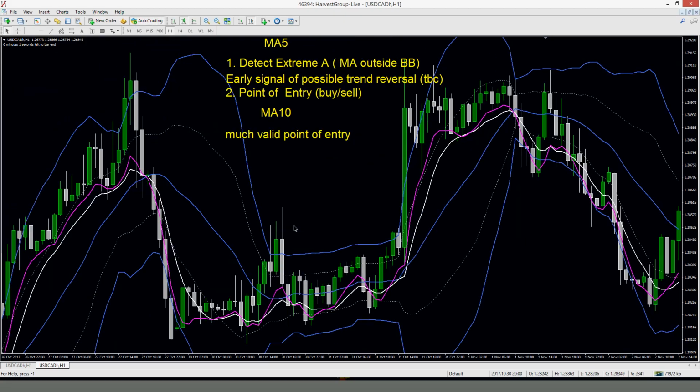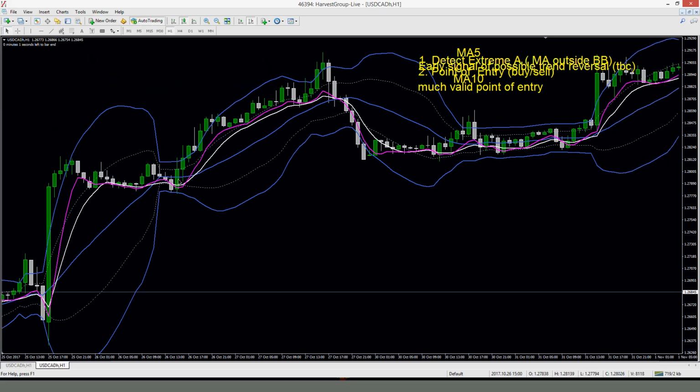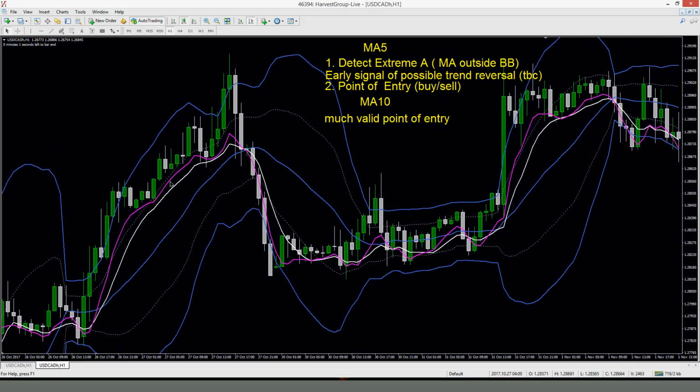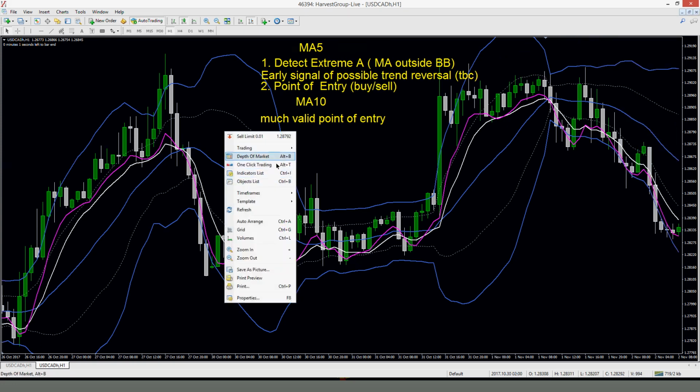So there is a crossover mode that you can see here. Whenever the MA5 is on the top and the MA10 is at the bottom, this is a buy mode. Okay, so the price is going to go up. As soon as there is a crossover, 5 at the bottom and 10 on the top, then this is sell mode. Okay, so you need to understand these two things.